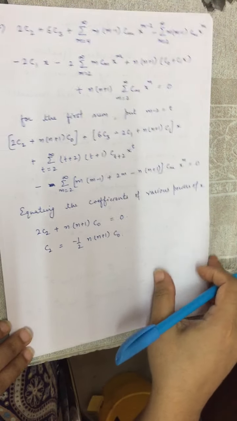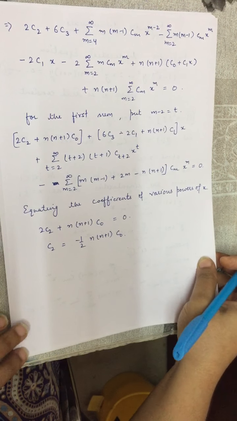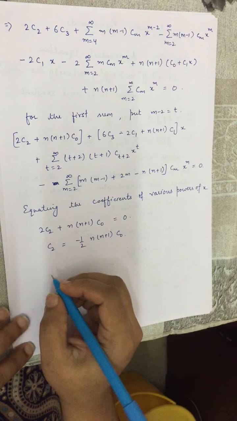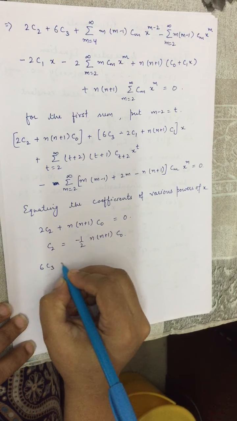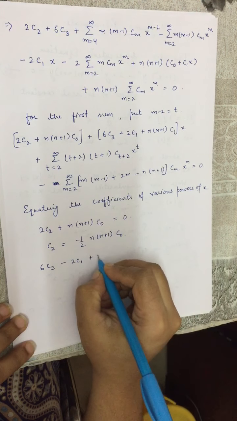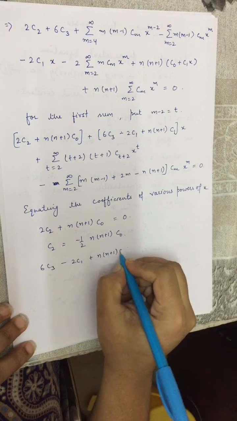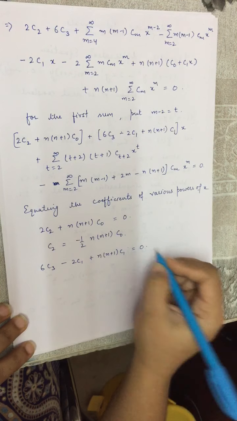Then equating the term containing x, that means the coefficient of x, we get 6C3 + 2C1 - n(n+1) C1, that is 0.